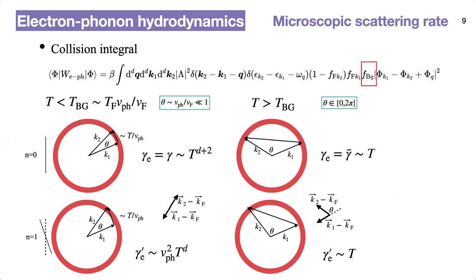The critical temperature that makes this picture very different is the Bloch-Grüneisen temperature, at which the phonon momentum is of the same order as the Fermi surface momentum. Above this temperature, the electrons can scatter off each other on the Fermi surface very randomly. And the scattering rate in the high temperature region is really the linear resistivity.